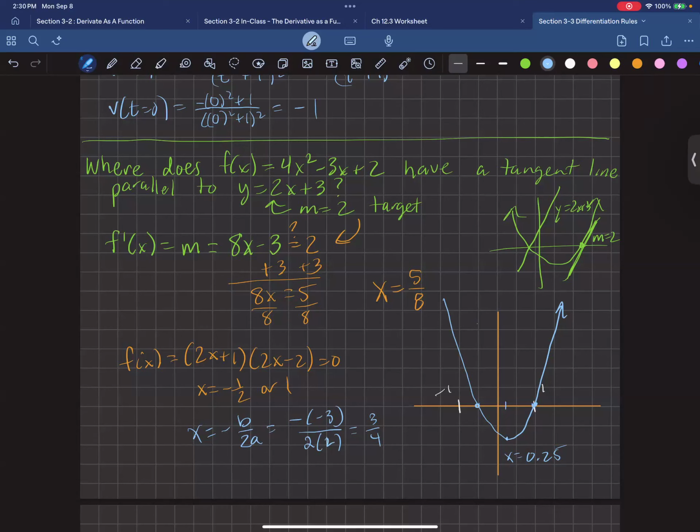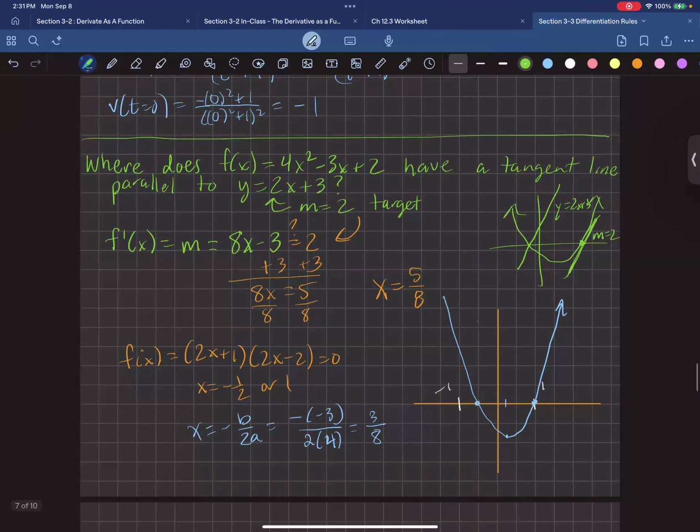Oh, wait. Not 2 times 2. 2 times 4 is, so is that 3/8. That doesn't seem like it's halfway between, but okay. And so not 0.25.